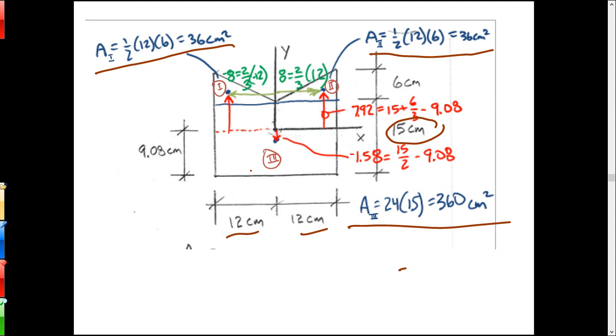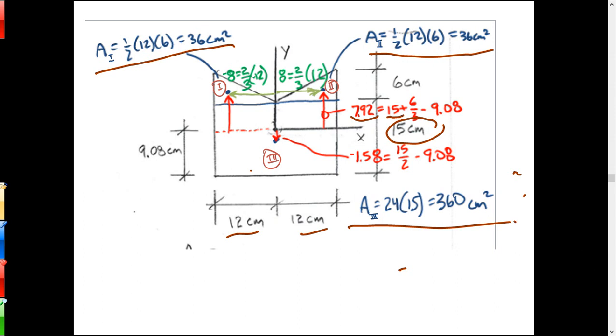And then realizing that I'm going to use the transfer axis theorem, I want to find the distance from, in this case, the x-axis, up to the centroids of the shapes. From the neutral axis up to the centroid of the triangle, it's 7.92. What I'm doing is measuring from the base.